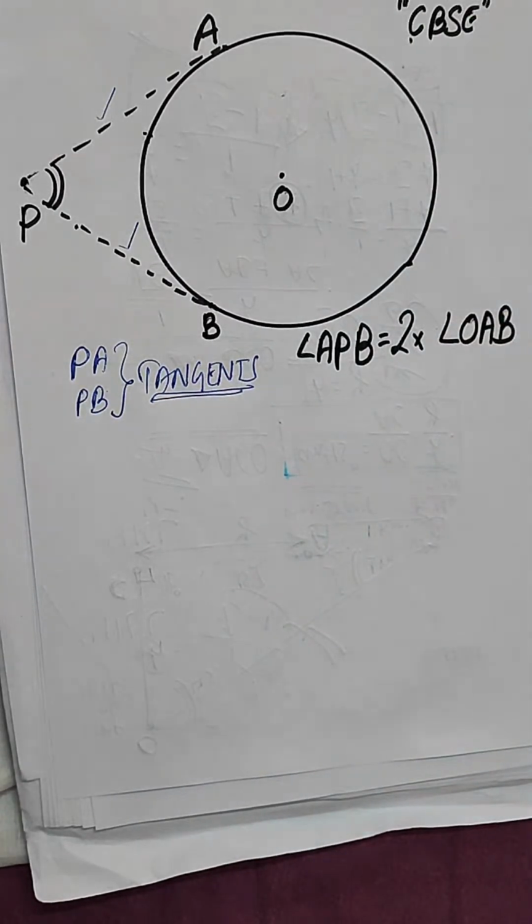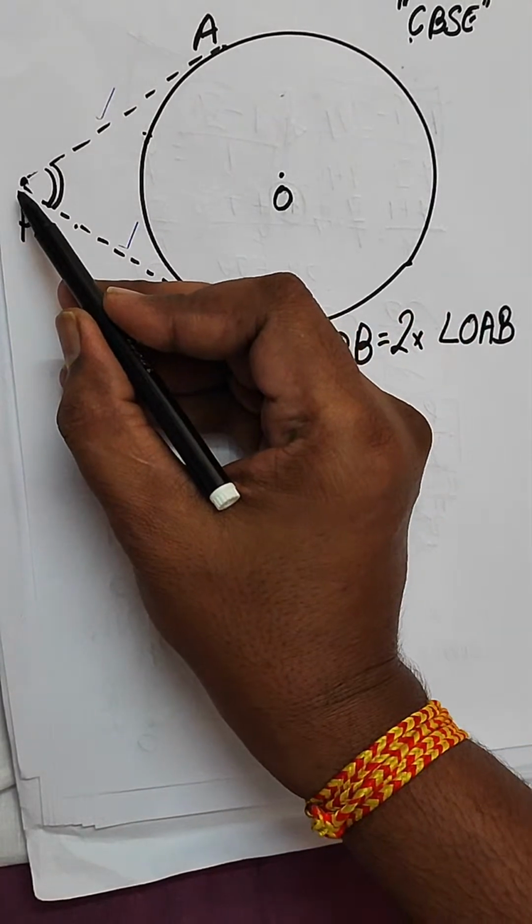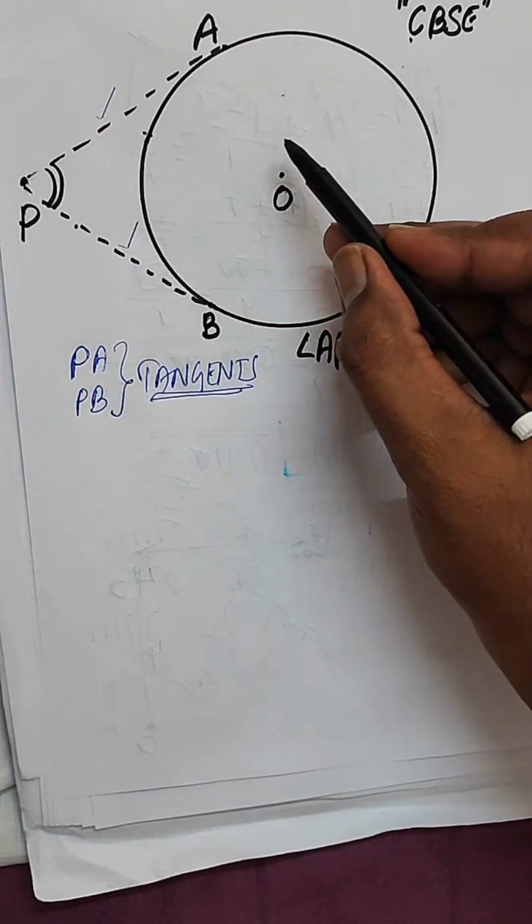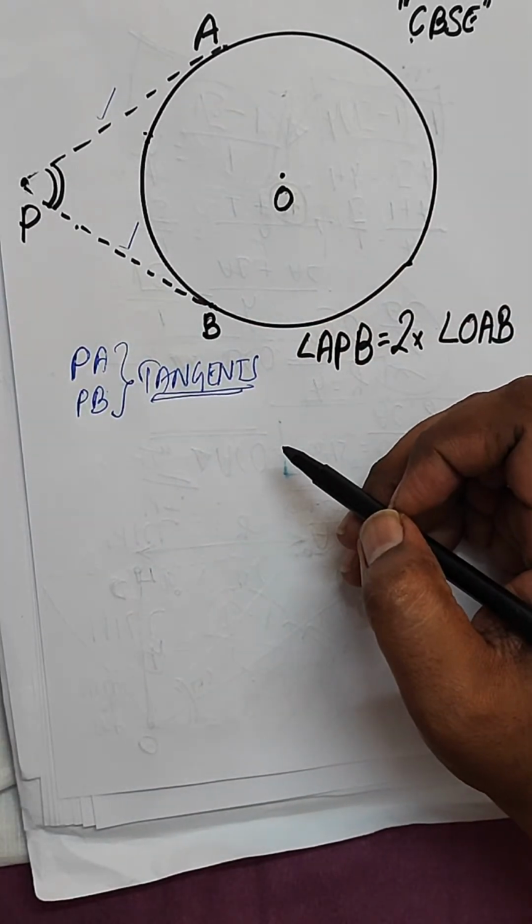To solve such questions, you need to understand some theories from the circle chapter. Here we will be using one of those. We know that tangents drawn to a circle from an external point are always equal.